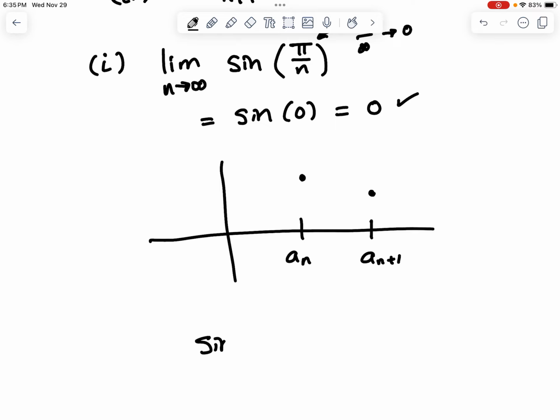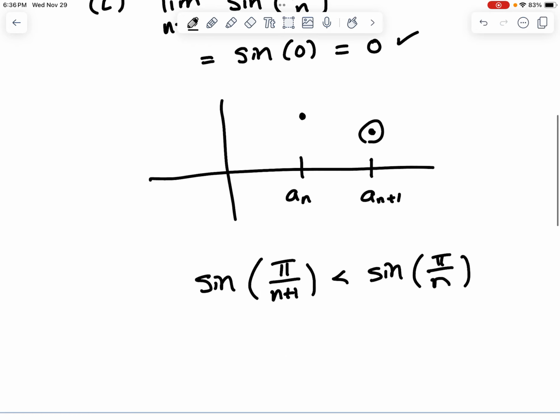So is sine of pi over n+1 actually smaller than when there is just an n? It seems like, wow, how are you going to get a trig identity for sine of pi over n+1? Well, you could use sine inverse on both sides, and the sines disappear, and we just get pi over n+1 is smaller than pi over n.